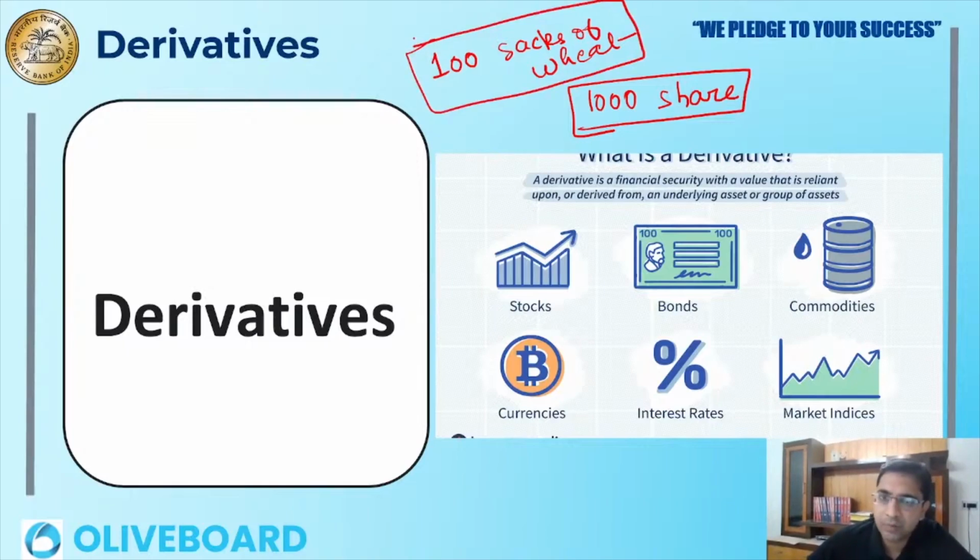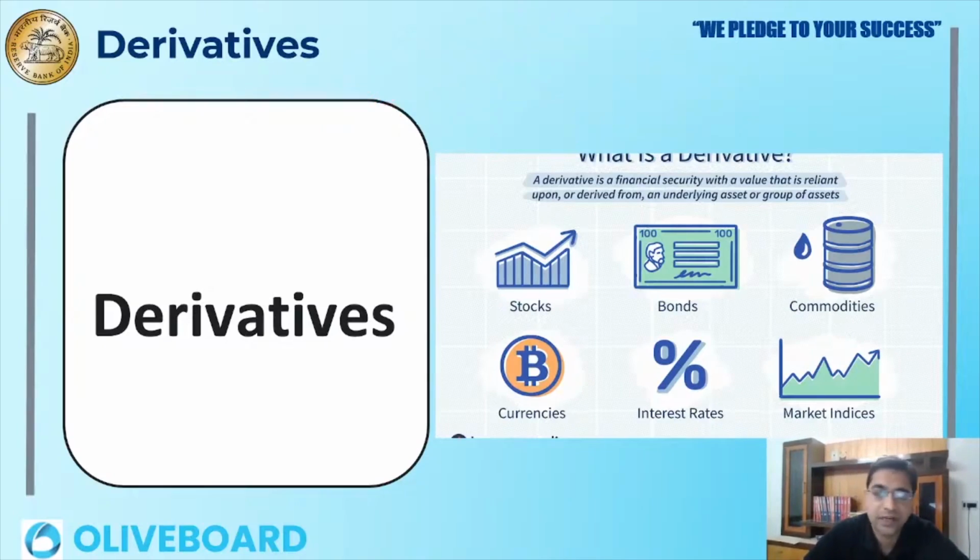This underlying commodity will be dealt in the form of papers. There will be one paper issued and that paper says that it amounts to all these things. Now we are going to study the important definition of what a derivative is all about.